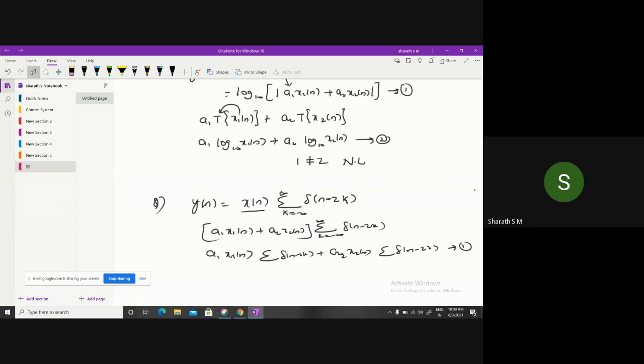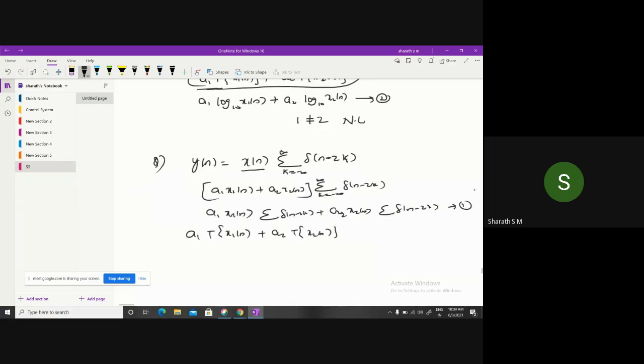So write the next one. Look at the previous problem. The next step is a1 T of x1 of n plus a2 T of x2 of n. So T of x1 of n is equal to, what can it be? x1 of n summation delta of n minus 2k.